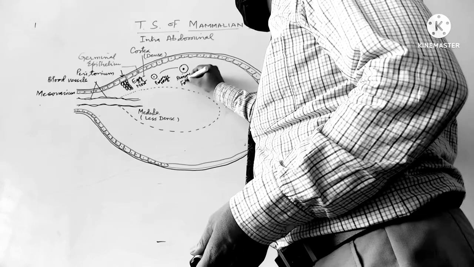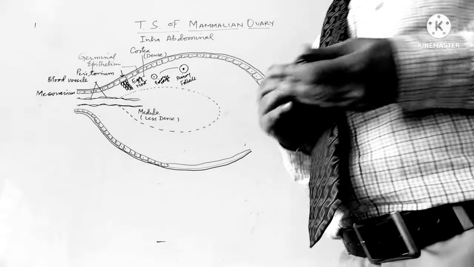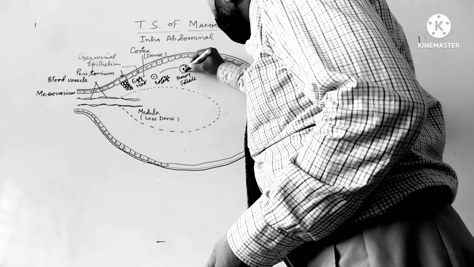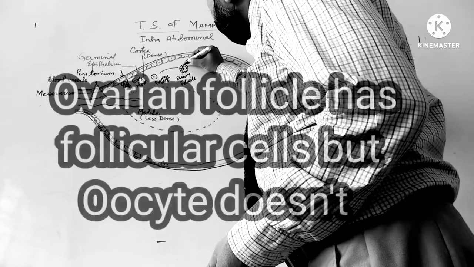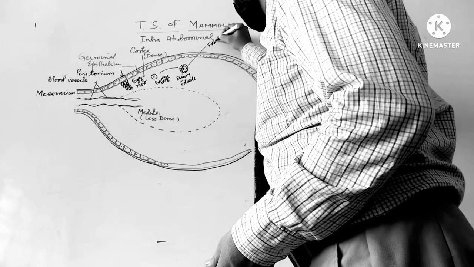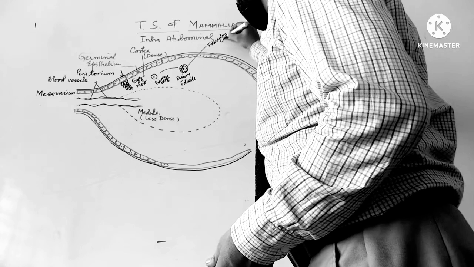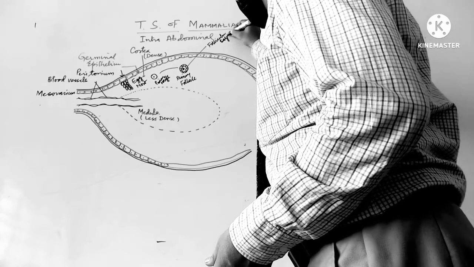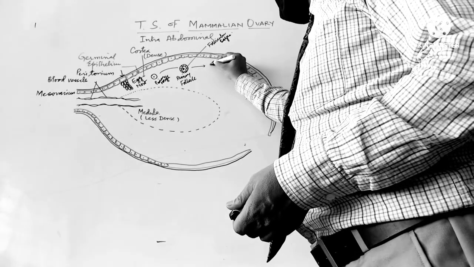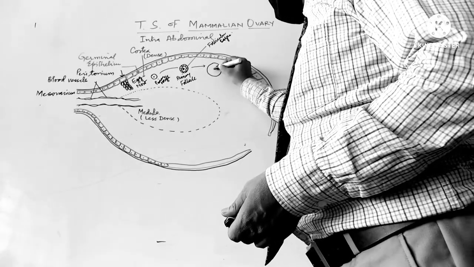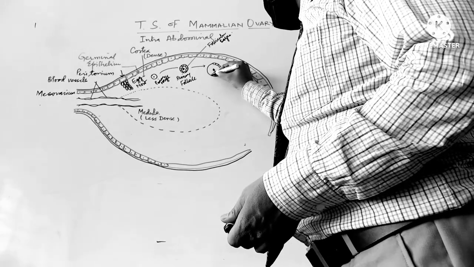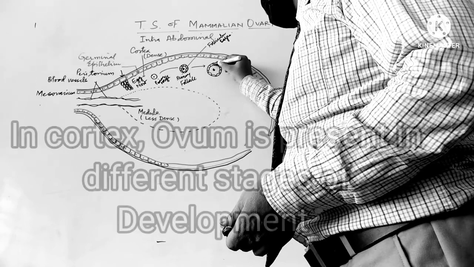Why are we calling it primary follicle? Because it has a single lining of follicular cells, a follicular layer. This primary follicle further develops into the secondary follicle, which has two or more layers.